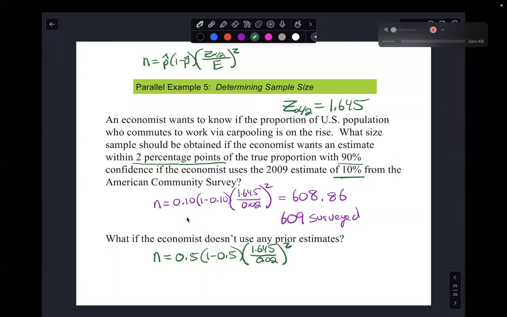So this is if they didn't use a prior estimate. You're going to see there's a big difference in the number that we have to survey.